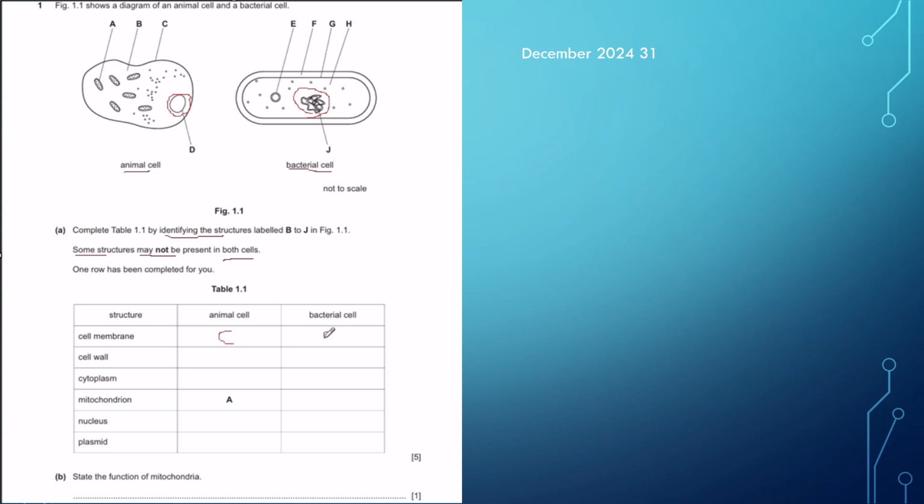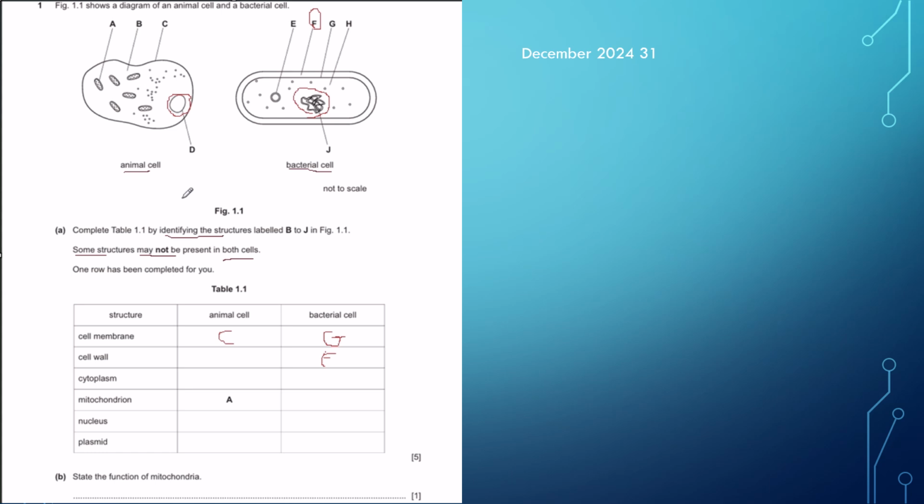The bacterial cell membrane is often what cheats people, and they point to the other one instead, but be aware that there is, of course, also a cell wall here on the bacteria, but we won't find it on the animal. If it was a plant cell, we'd find it.